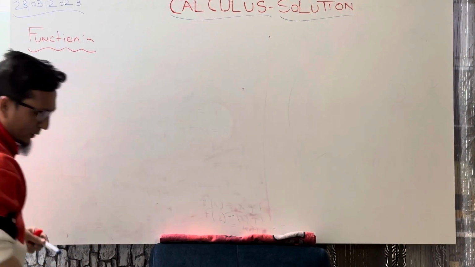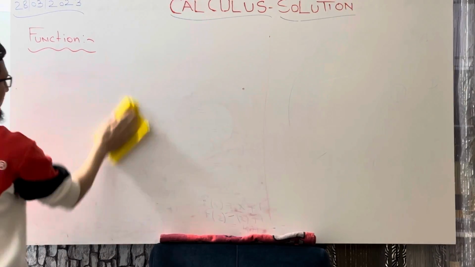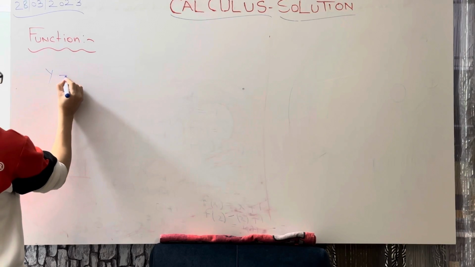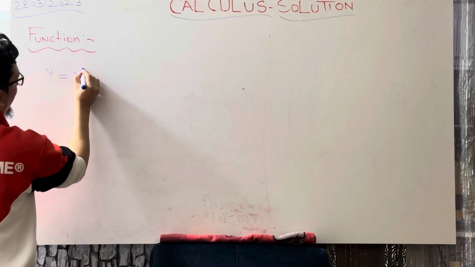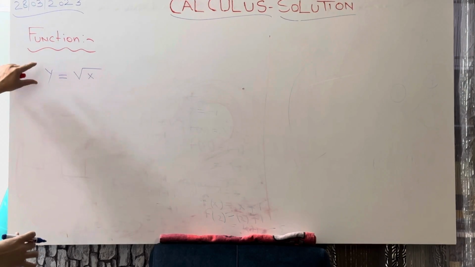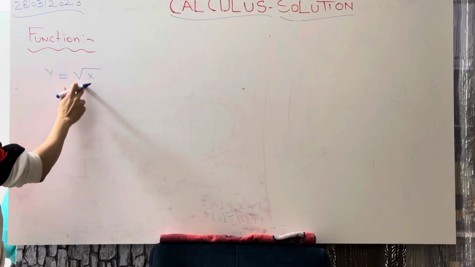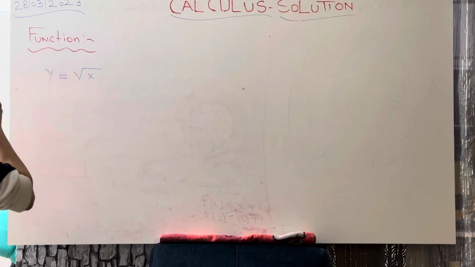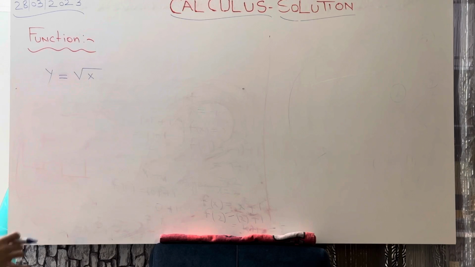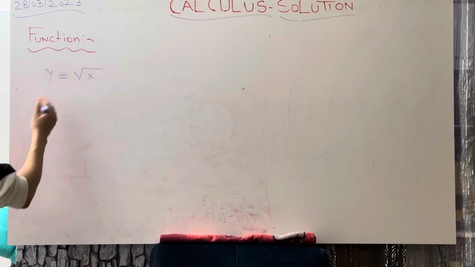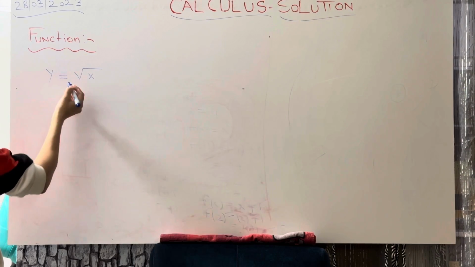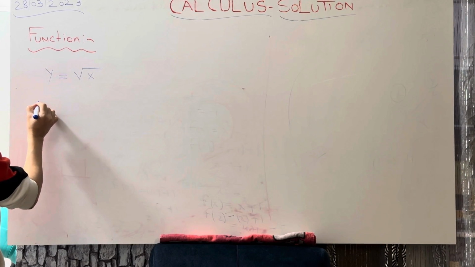I am going to give you a square root function. y is equal to under root x. Remember one thing in your mind. If we have a simple equation, y is equal to under root x, and I ask you whether it is a function or not, for example, if I have y is equal to under root x and I say x is equal to 1.